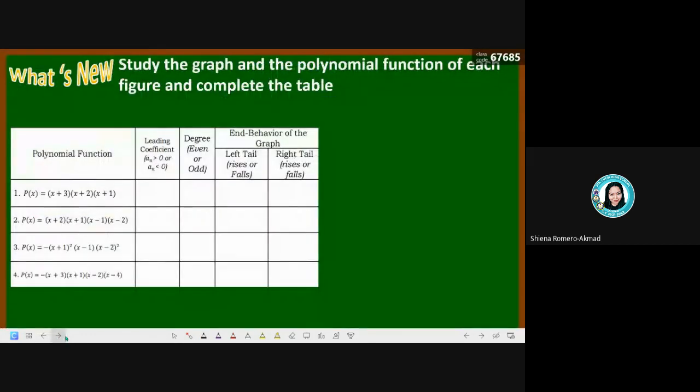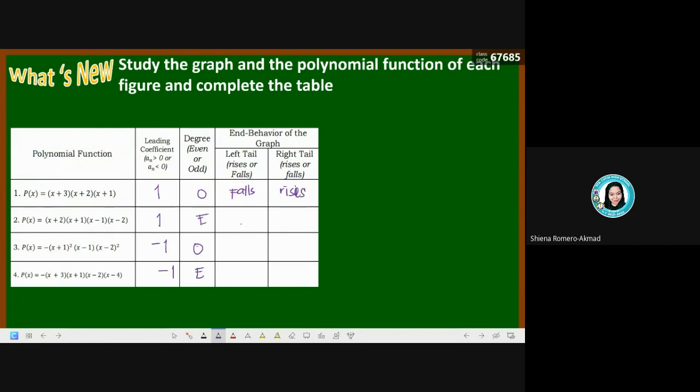So, let us have this. Ito ay parang review na lang nun. So, leading coefficient is 1, 1, negative 1, negative 1. Odd, even, odd, or even. So dito, makikita nyo that since it's positive and odd, falls, rises.